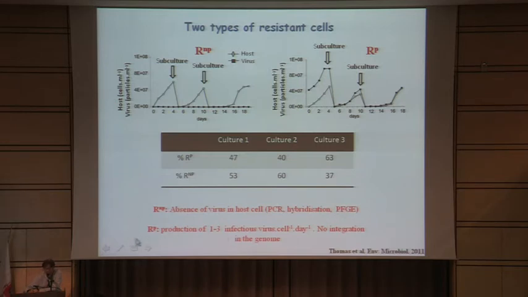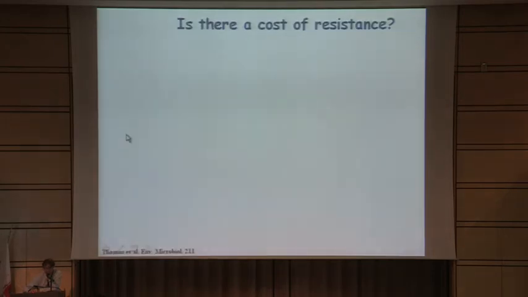In contrast, for the producers, there is a production of 1 to 3 infectious viruses every day per cell, and I remind you that the burst size is about 25. We also checked that there is no integration of the viral genome inside the genome of the host. And this is very clear now. So we have these two types of resistance.